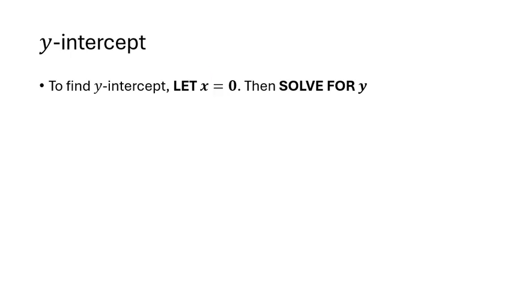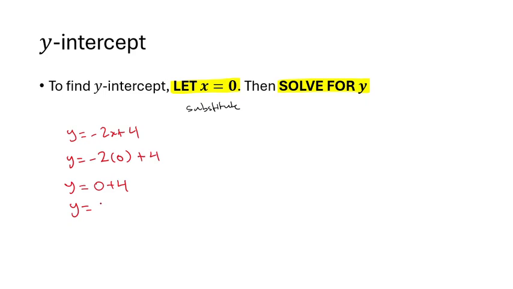Now the y-intercept, you are going to let x equal 0 and then solve for y. So substitute. So y equals negative 2x plus 4, y equals negative 2 bracket 0 plus 4. And remember, anything multiplied by 0 just equals 0 anyway, regardless of sign. So don't worry about it. So it becomes 0 plus 4, and 0 plus 4 equals 4. That means this is your y-intercept. So now you have these two coordinate points here.